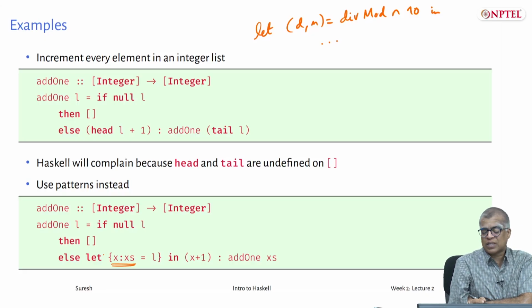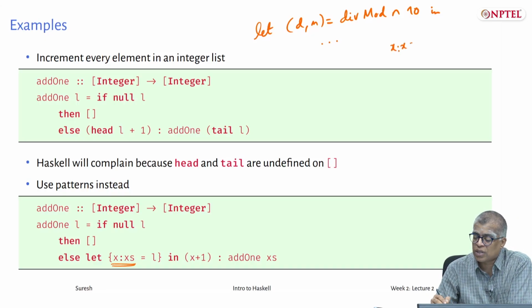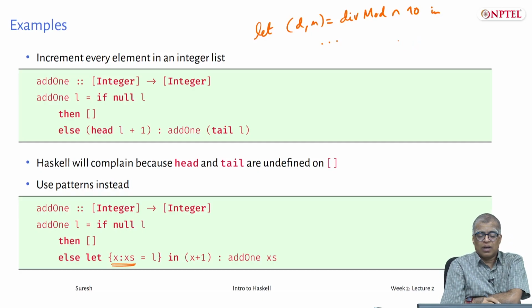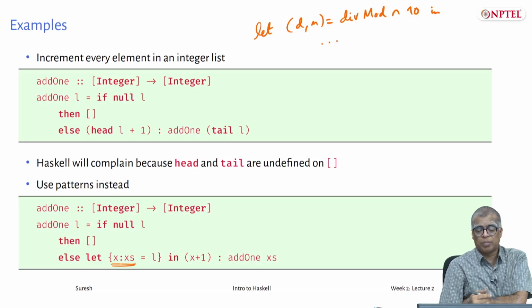For some reason Haskell allows this, it doesn't allow head, even though I could do let x colon x's equal empty list and that would fail at runtime. Haskell lets the pattern assignment fail, but it doesn't allow you to do head. So this is the variation that you have to use if you want the program to compile.